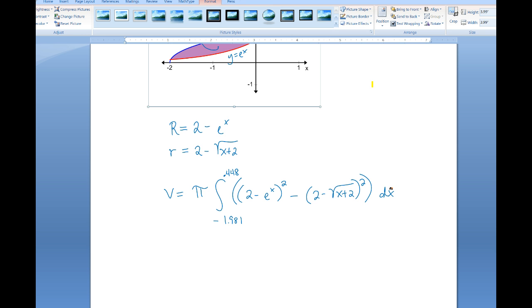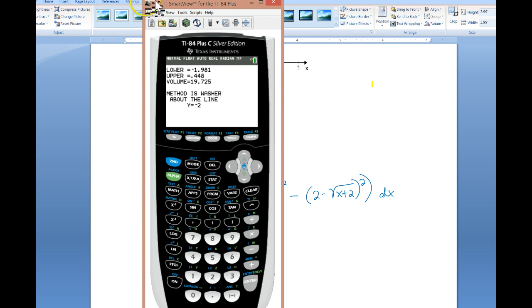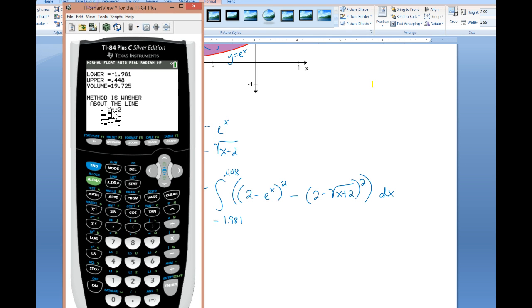This would not be something I would expect you to do by hand. This would be, show me the setup, and then you can give me the decimal approximation. So now, if I already have this in my calculator here, I can just go back to number 4 and change it to y equals 2.